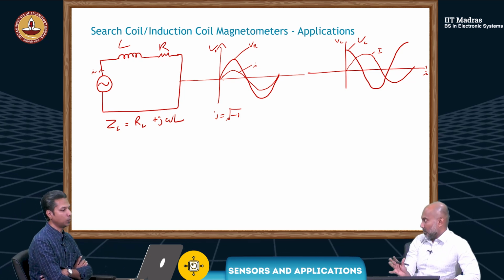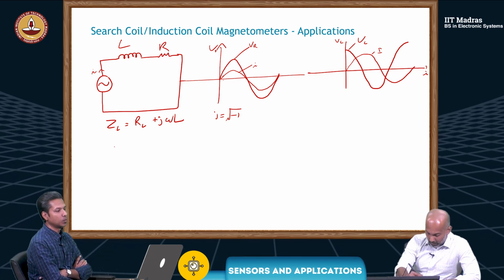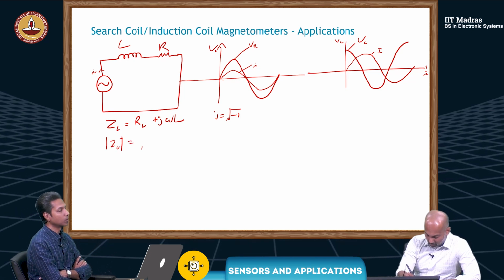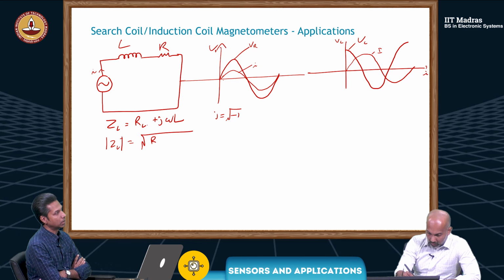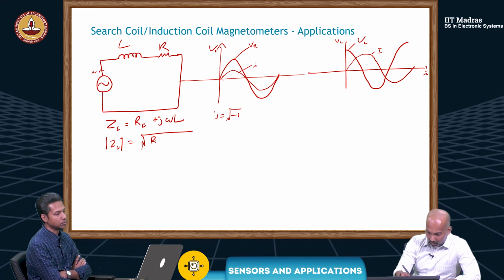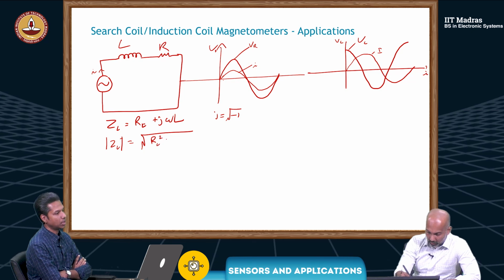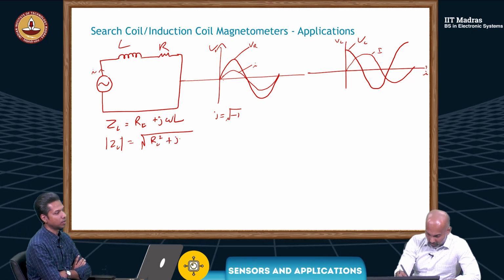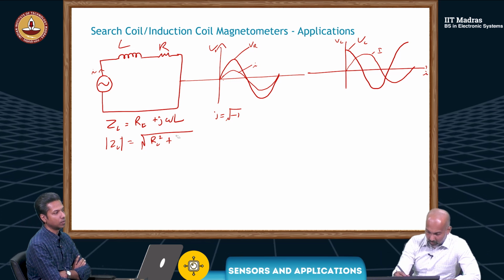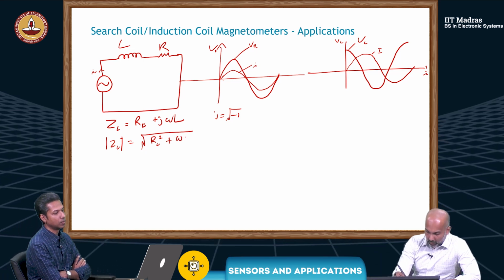So this is the impedance. Now, ZL in that case is the square root of R squared plus omega L squared. Sorry, j is 1. So this becomes omega squared L squared, right?